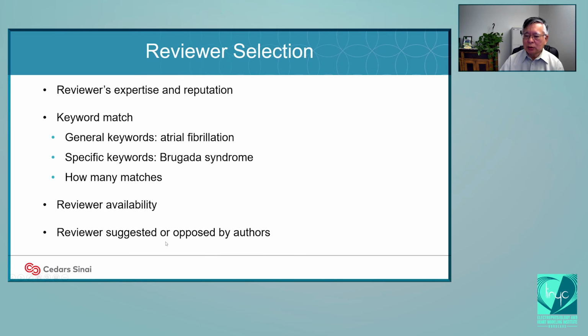You can include reviewers you oppose, but if you are in a very small field and there are just a few experts around, then that increases the difficulty for the editor. But generally, from an editor's point of view, I think most editors probably share my impression that you rarely have an enemy in your field you don't want to review. You can include those as opposed reviewers, opposed by the authors.